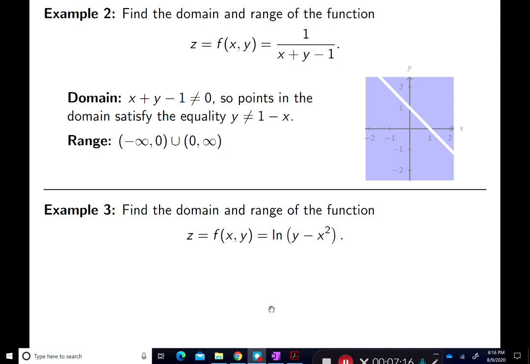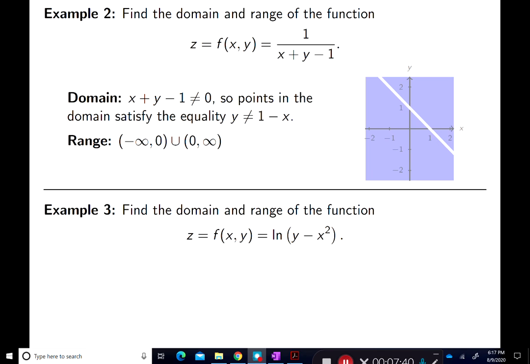Now, example 3: find the domain and range of the function z equal to f of x and y equal to natural log of y minus x squared. Again, in here, there's an outer function that is a single variable function.